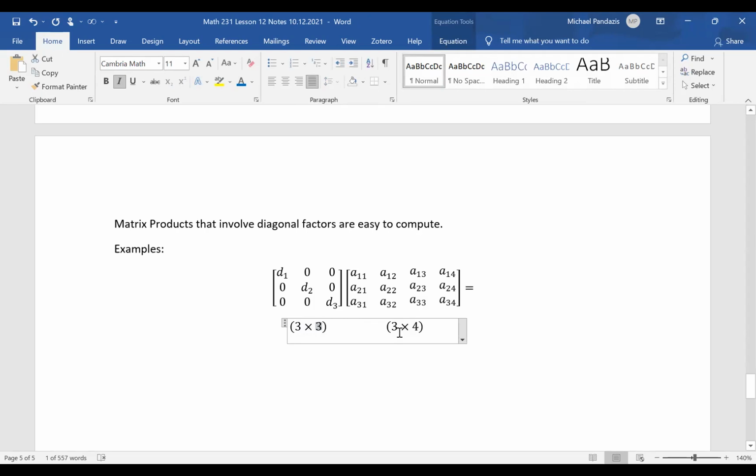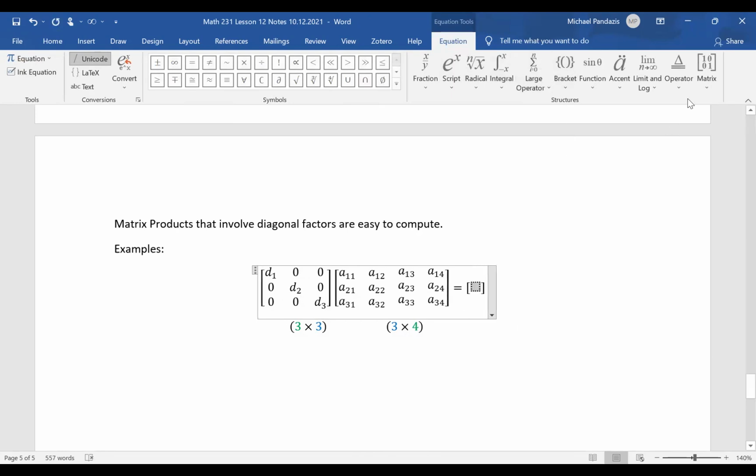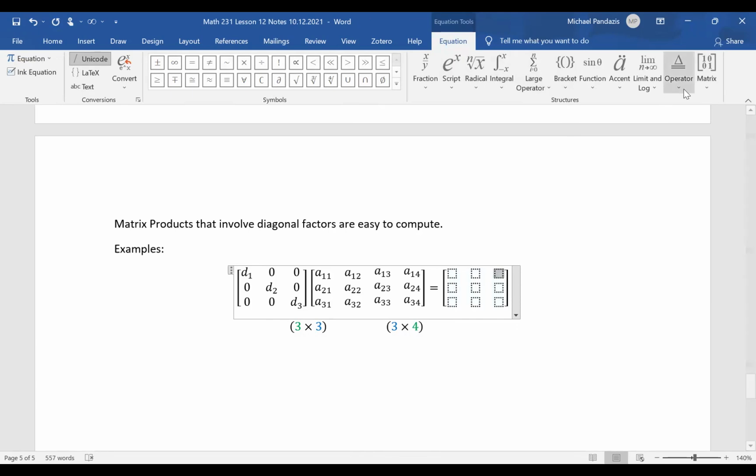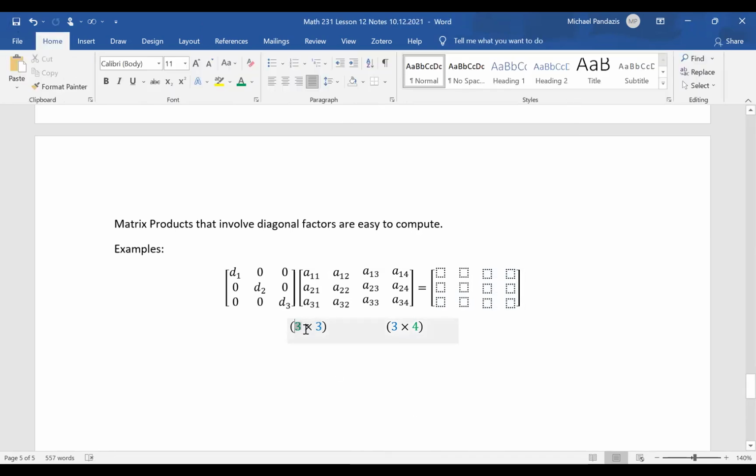The inner entries are the same, and the outer entries tell you the size of the resulting matrix. So your resulting matrix is a 3 by 4 matrix.